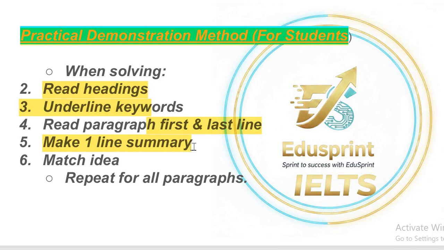And so, when you have to solve the paragraph, you have to check which heading in the list matches that topic. When you create that short summary, matching becomes much easier.